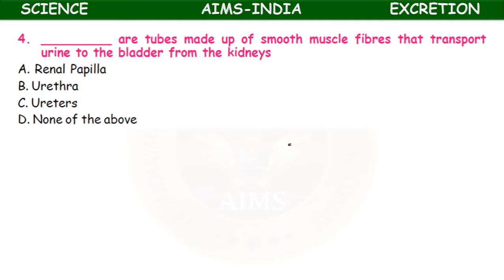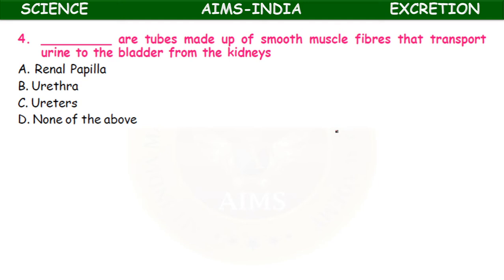Dash are the tubes made up of smooth muscle fibers that transport urine to the bladder from the kidneys: renal papilla, urethra, ureters, none of the above.